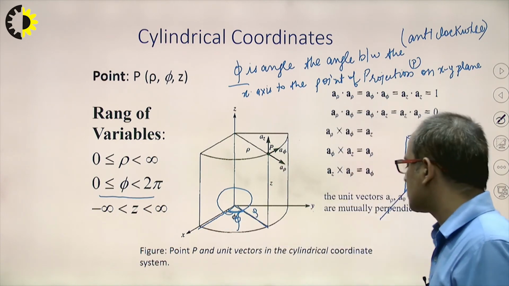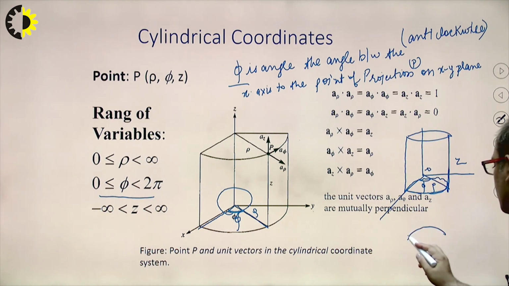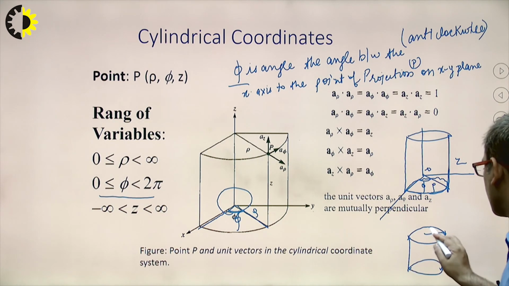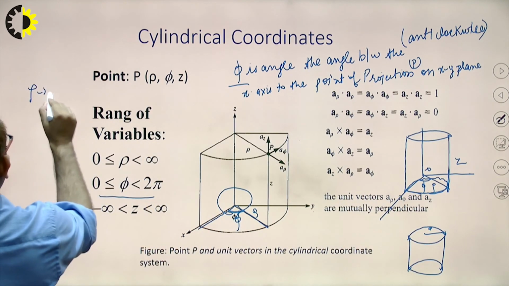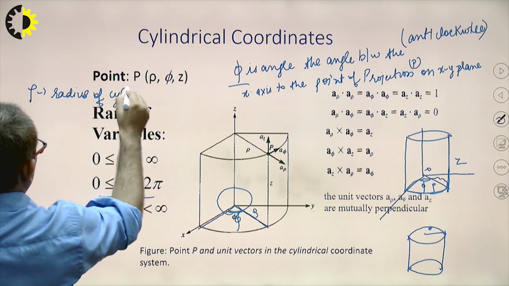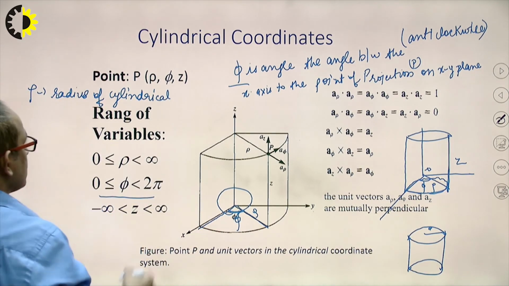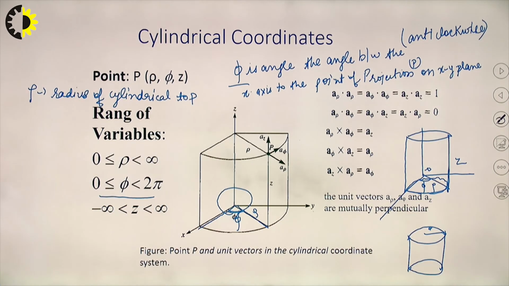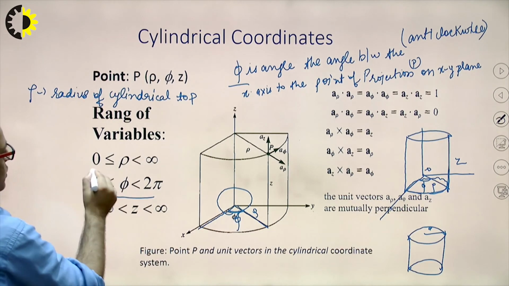And what does rho range from? This is the origin, and this rho represents the radius of the cylinder. Clear? The radius will always vary from 0 to infinity.